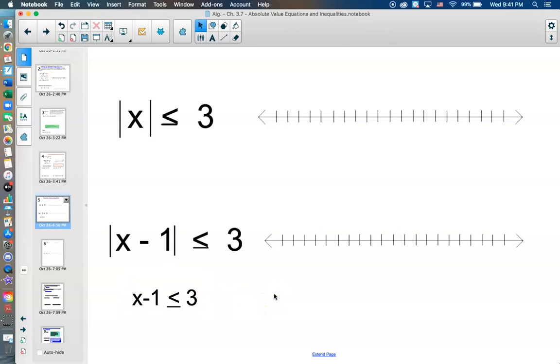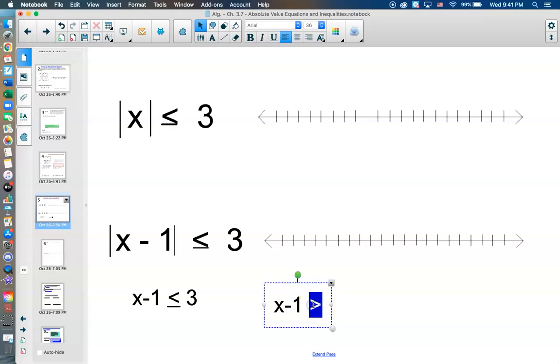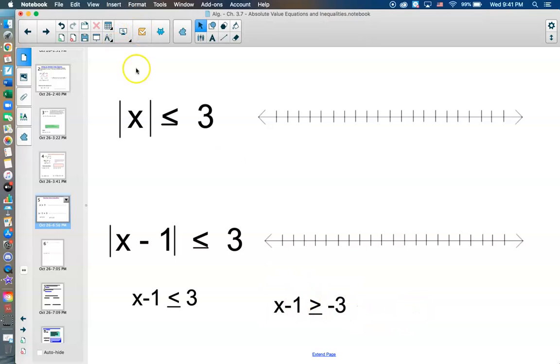And the other thing we would have then is x minus 1 is greater than or equal to negative 3. So what happens is you take the expression and you keep the inequality symbol and whatever constant number is on the other side, and that's your first inequality to solve.